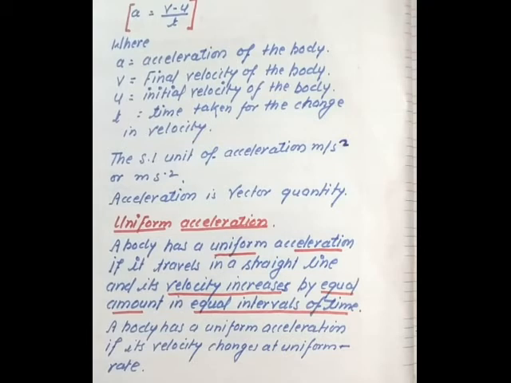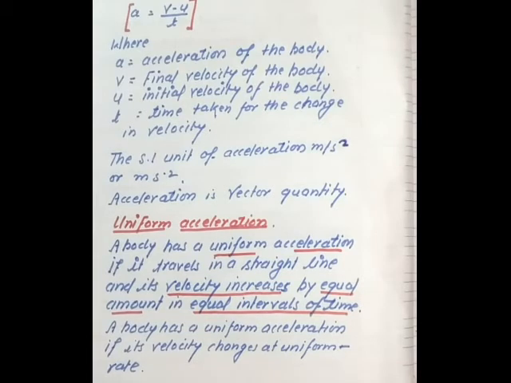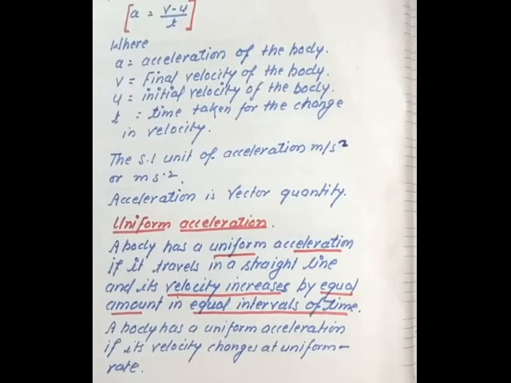Third example, the motion of a bicycle going down the slope of a road, when the rider is not pedaling and the wind resistance is negligible.